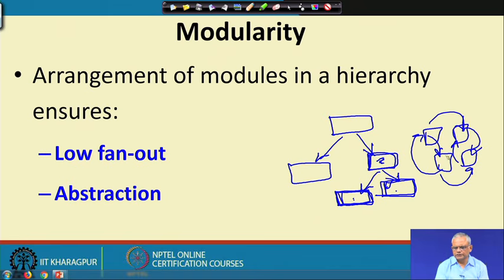To understand one, we need to go across all other modules, and it becomes very difficult. So, in a tree-like hierarchy, we have low fan-out, that is, a module depends on fewer modules, and also there is abstraction, in the sense that we can consider these modules as the implementation of this module, and therefore you start from the leaf layer modules and then look at the more concrete modules, and so on.